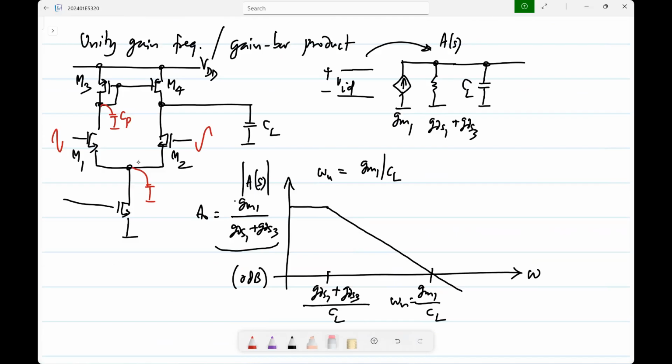Now, let's say we have VID by 2 and minus VID by 2. What is the output current when the frequency of VID is very small, essentially DC, very low frequencies? What will be the output current? GM1 times VID. Now, let's imagine we are operating at a very, very high frequency. What will be the output current?